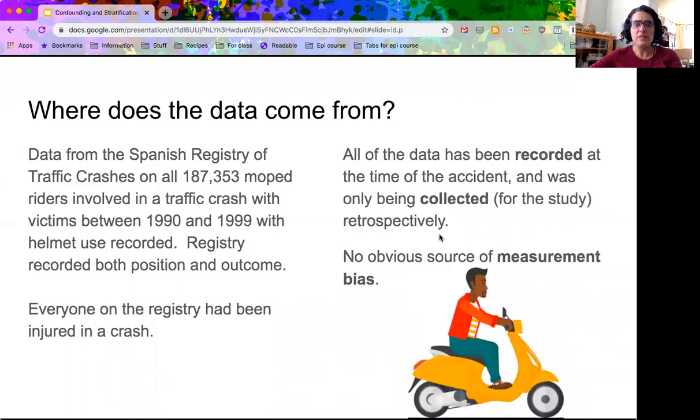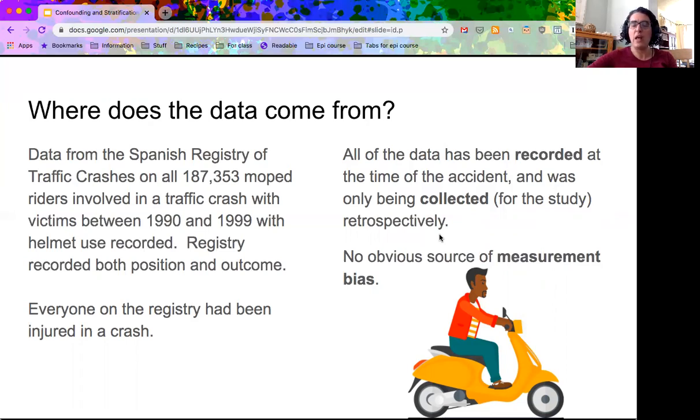Okay. This is an interesting type of case control study because normally when we talk about them, we're collecting retrospective data, we're asking people who are a case group and the control group, and there's a real concern about measurement bias. You're going to just get different information from your case group than from your control group. But in this case, all of the data was actually recorded at the time of the accident.